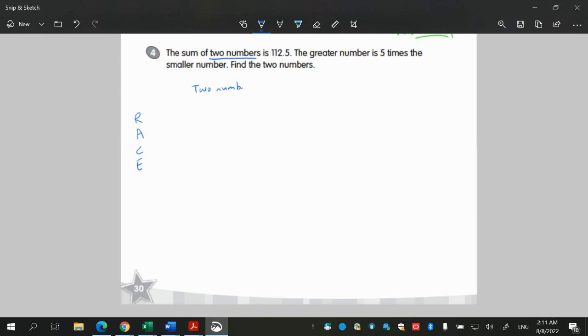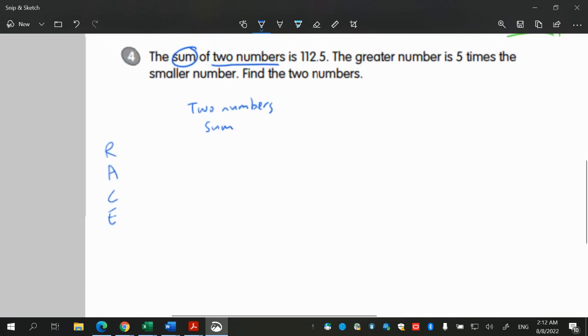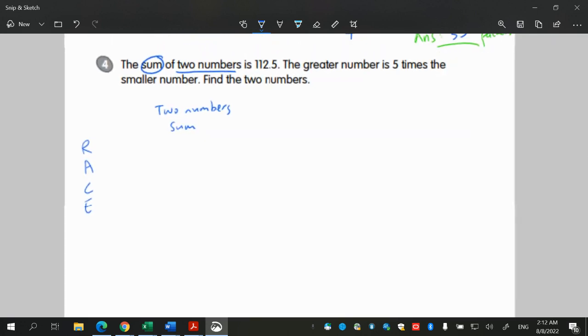I'm going to do my annotations at the same time when I'm reading for the second time. There's this thing called sum, and that sounds familiar. Do you remember this thing called sum and difference? The first time you probably hear about sum and difference is when you're in primary 3, right? So you've got two numbers, and what's given to you is that one is a greater number and one is a smaller number.